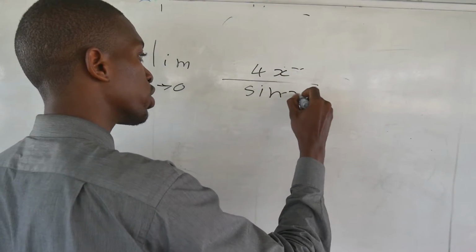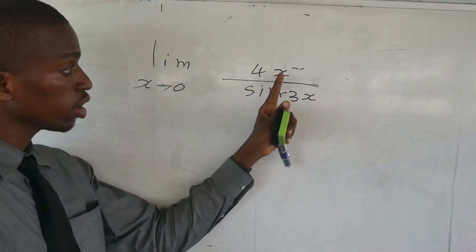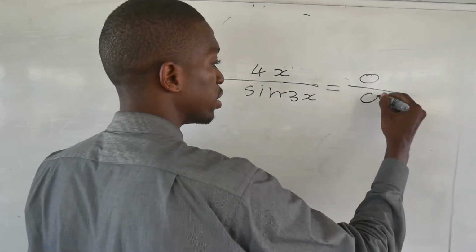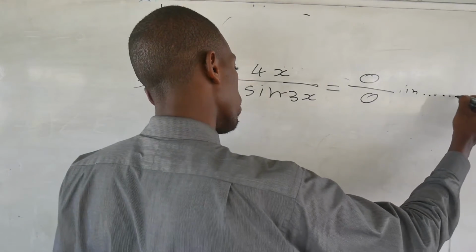Alright, so this is our first question. So we plug in 0 here, and we will get 0 divided by 0, right? And then you write indeterminate form.